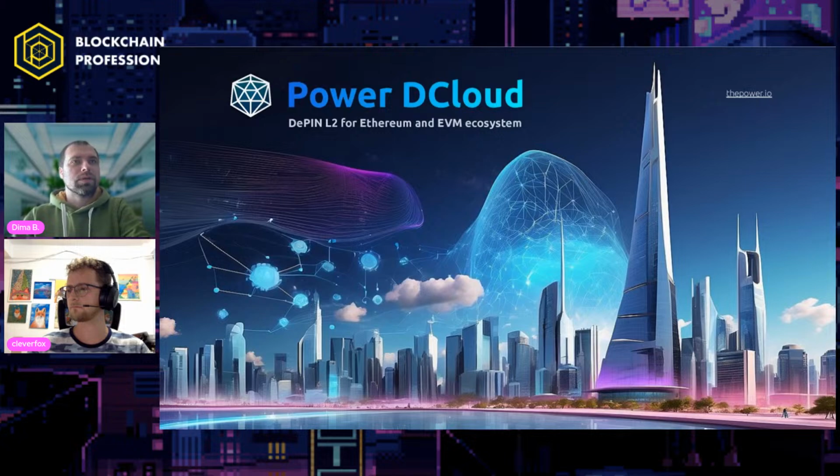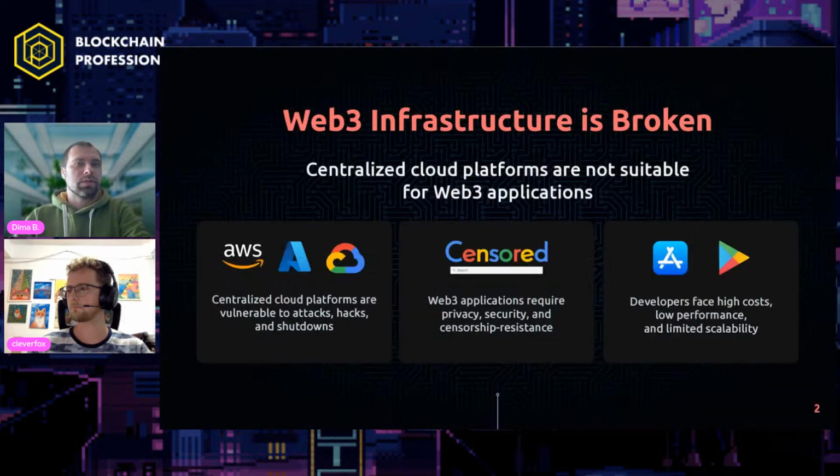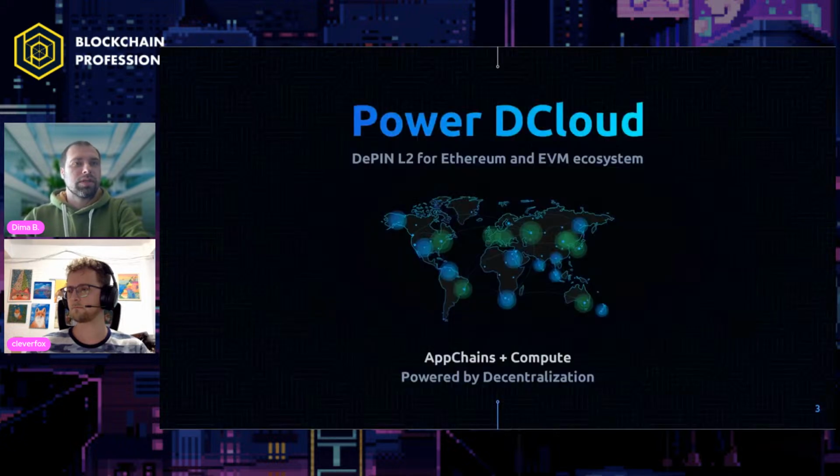the PIN network is based on EVM, and it's focused on making an alternative to centralized cloud services, because at the current market stage, everyone needs to use, for example, AWS, Google Cloud, or some other kind of services for distributing and deploying apps, and we build Power DCloud.